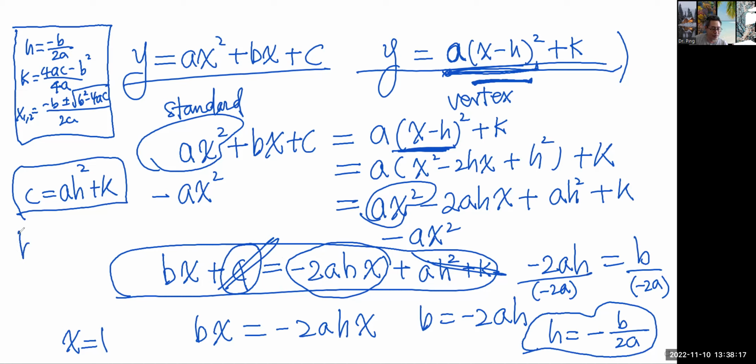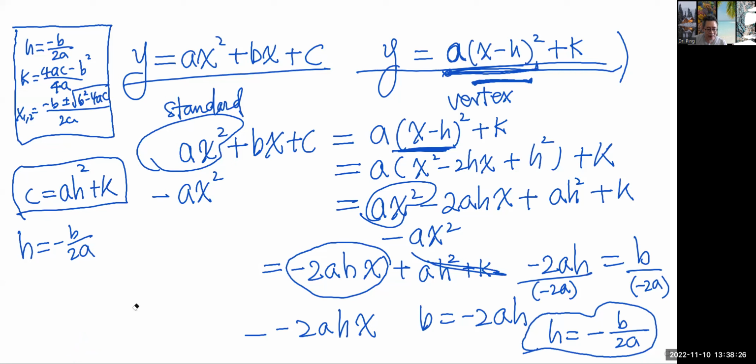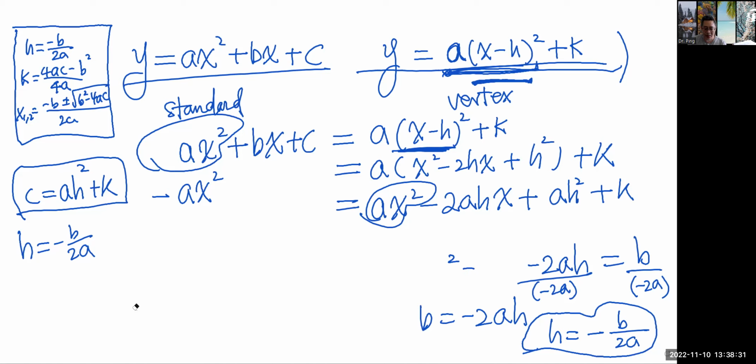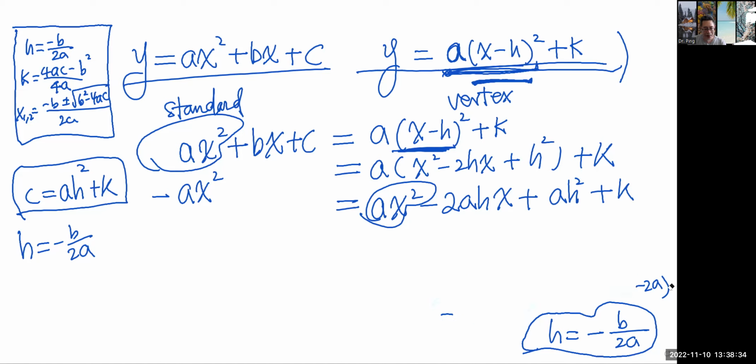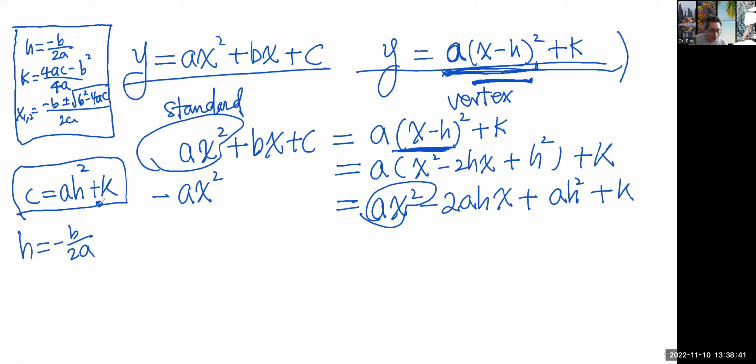So now we got h equals minus b over 2a. Now we can just use the equation we established earlier on, which is c equal to ah squared plus k. Since we're going to find k, basically we're trying to derive this formula. We derived this formula already, and we're trying to get a second one.